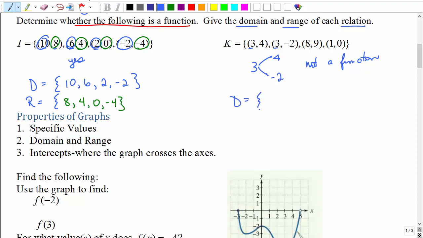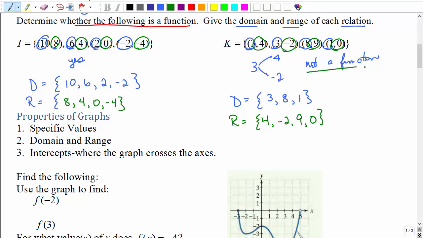Here, our domain, we have 3, 8, and 1. There's really no need to list that 3 twice. And our range, 4, -2, 9, and 0. So again, even though this is not a function, it still has a domain and range.